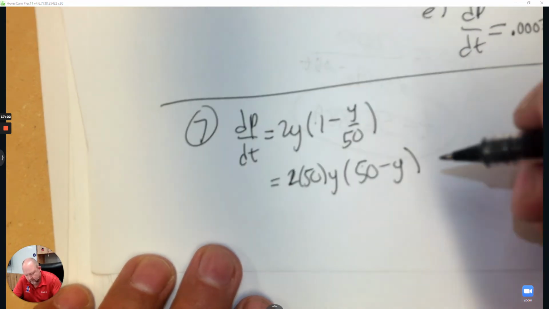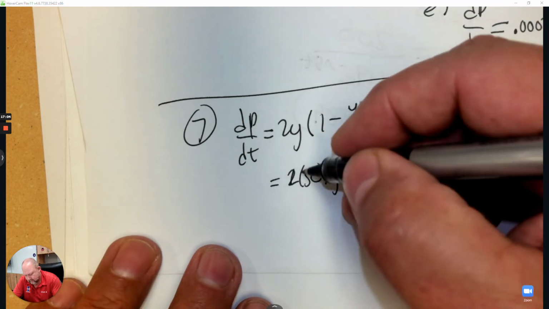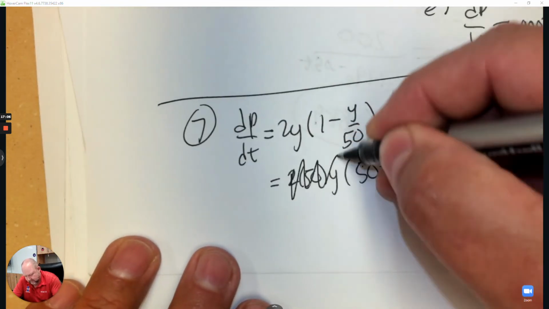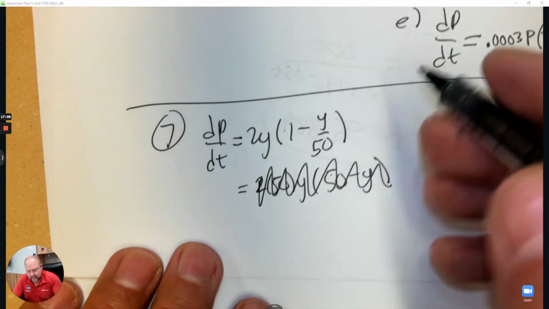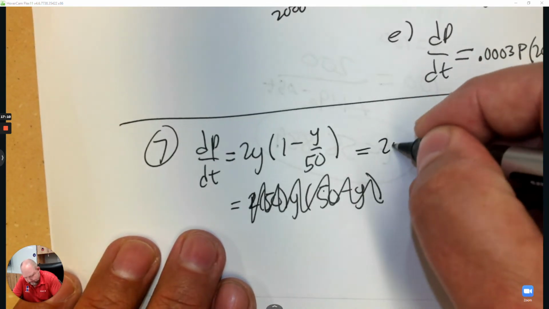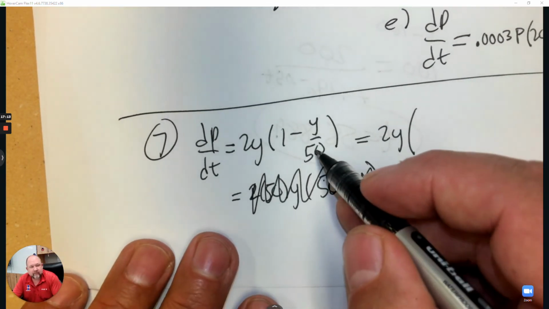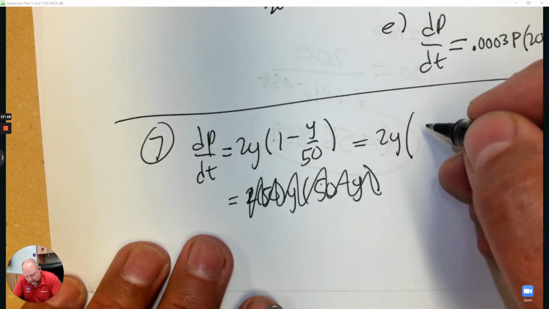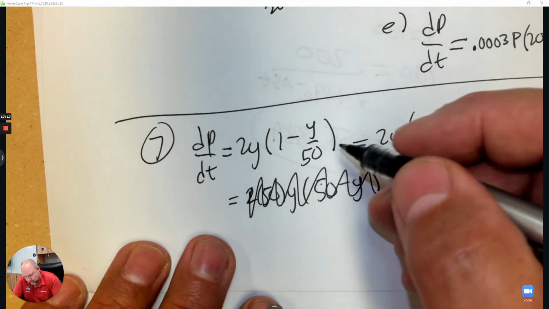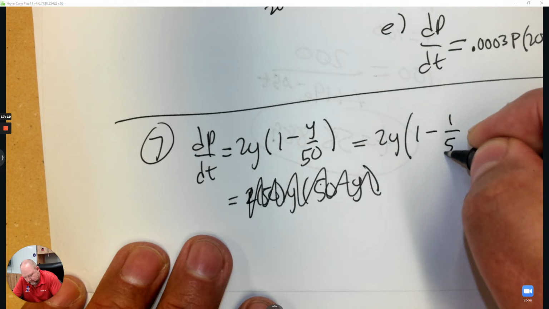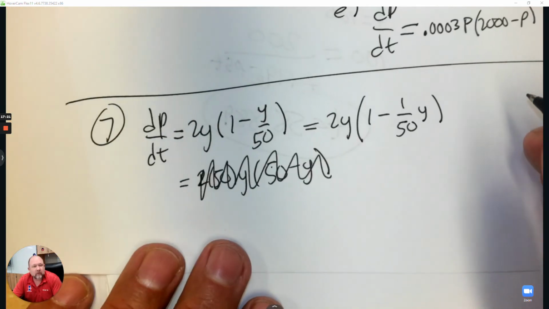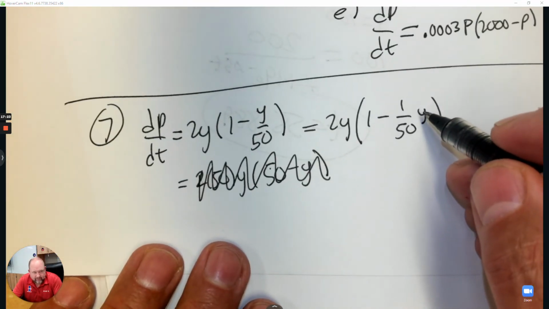I don't like how I did that. So factor out a 1. Let's try that again. So I want that just to be y.